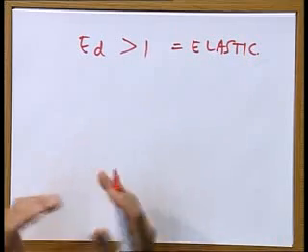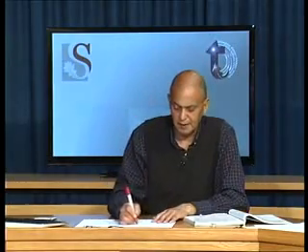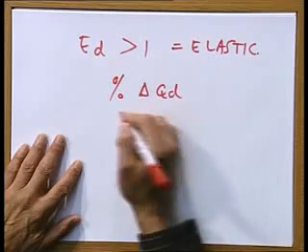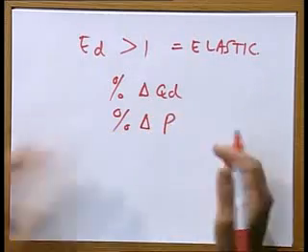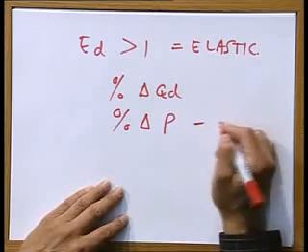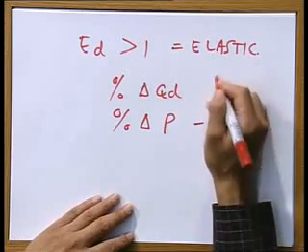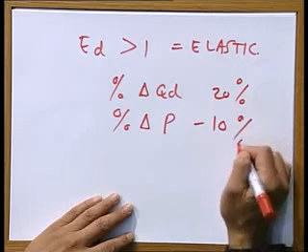Okay? So what do we mean by elastic? Let's look at practical examples. Look at the percentage change in the quantity demanded versus the percentage change in the price. We will say if the price changed by, say, 10%, the percentage change in the quantity demanded will be 20%.